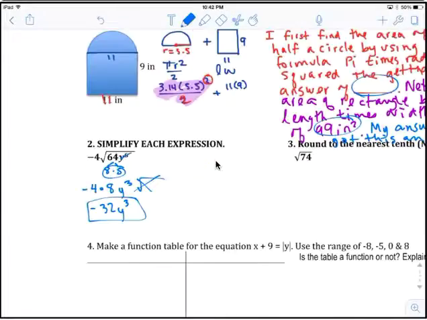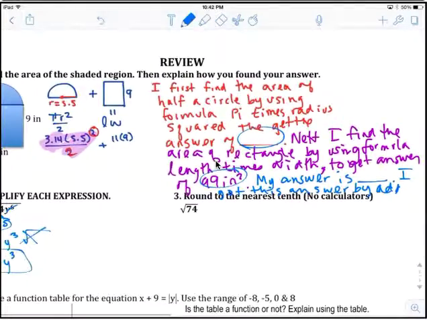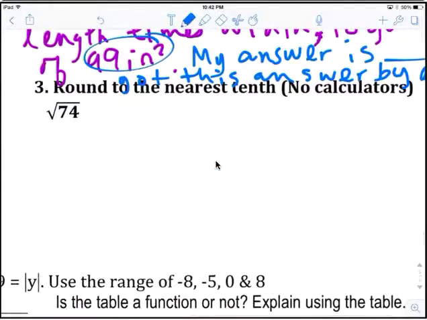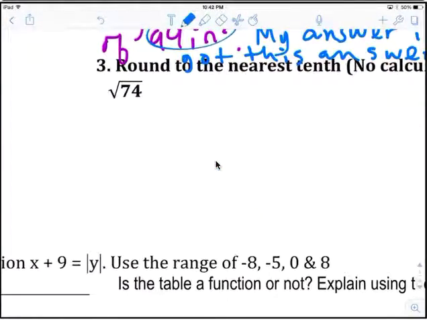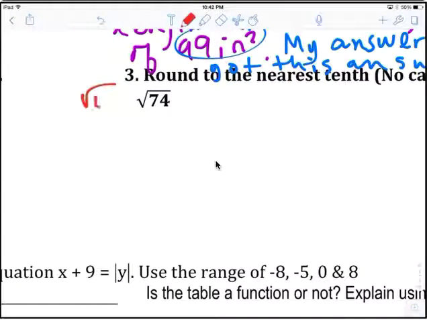Rational number. Round to the nearest tenth. So here you choose 64 and 81. Between 8 and 9.